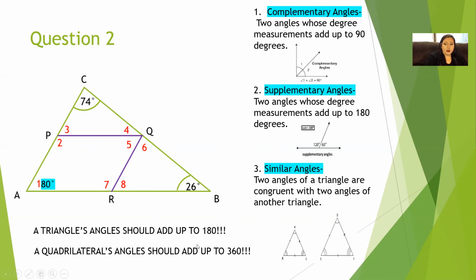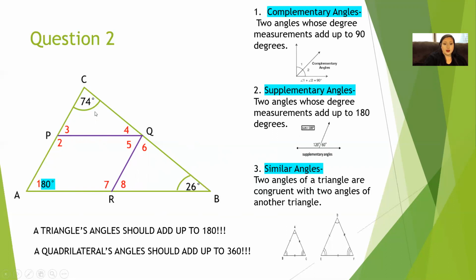We start out by knowing that point C, or angle C, is 74 degrees, and angle B is 26 degrees. With knowing this, we go to angle 1, and we know that it's going to be 80 degrees because a triangle's angles should add up to 180 degrees.